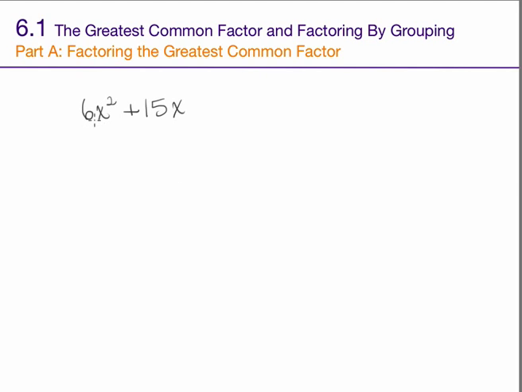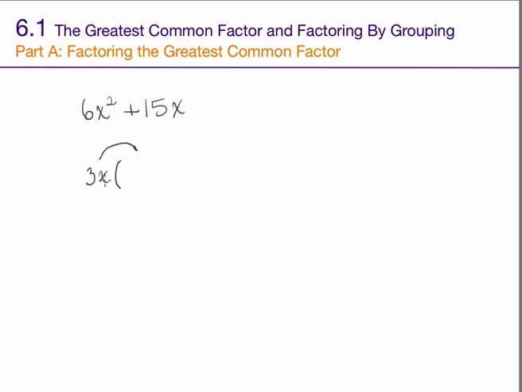And you're going to tell me that since 3 and x both go into 6x squared and 15x, I can write 6x squared plus 15x as a multiple of 3x. I'm kind of doing an undistribution thing here. I'm first finding what was distributed to make this, and then figuring out what it was distributed against.